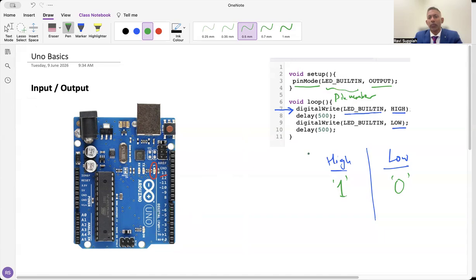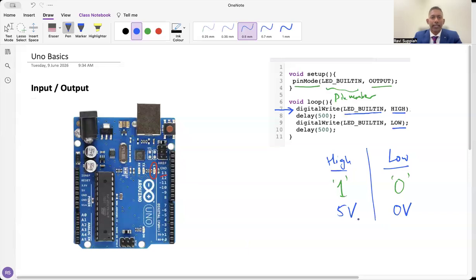So when I execute digital write LED built-in high, I'm effectively applying a logic 1 to that pin, and that translates to 5 volts. And a low will translate to 0 volts.